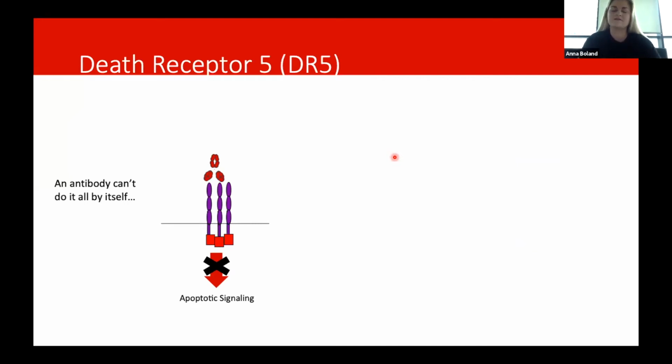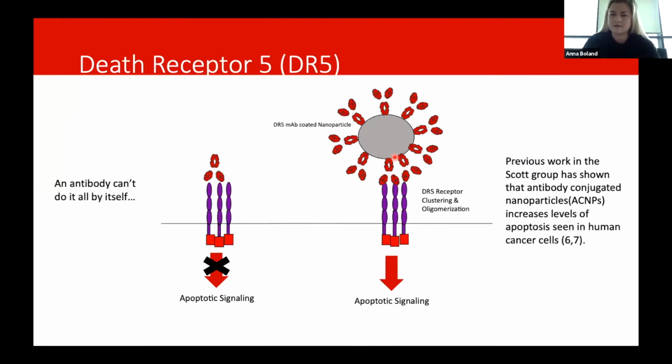So it's often insufficient to induce effective apoptotic signaling alone. Previous work in the Scott lab has shown that these antibody conjugated nanoparticles are much more capable of inducing apoptosis in a range of human cancer cell lines. This clustering effect from the antibodies on the surface of the nanoparticles allows for efficient receptor clustering, oligomerization, and subsequent signaling. So we've shown this in a range of cancer cell lines in the Scott group.